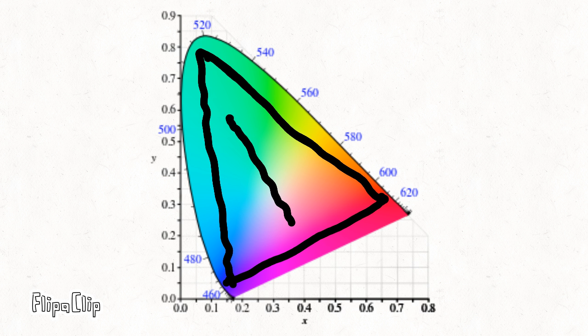If you make a line that crosses through it, the only possible colors will be on that line. But if you add an area, all the colors in that area will be possible.